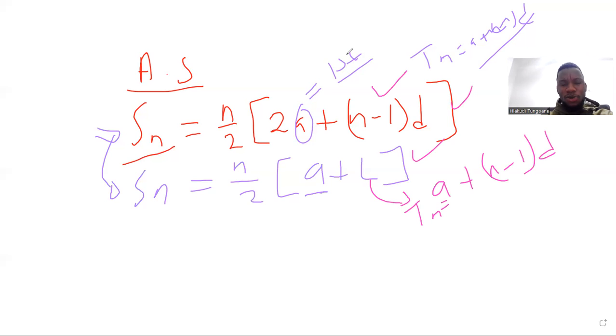Okay, so without wasting time, let's look at an example of how we can use that formula. Let's suppose the examiner gave you a sequence like 3, 5, 7, 9, and then 11.